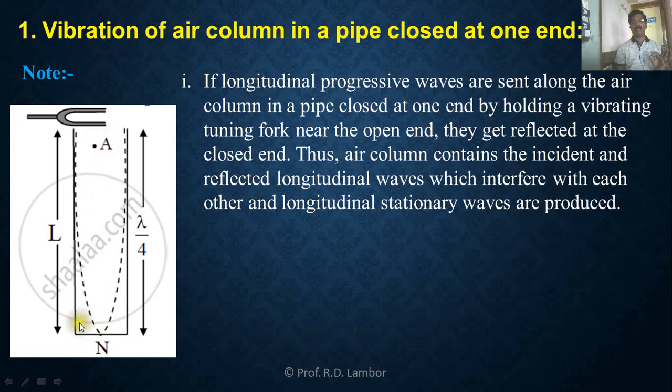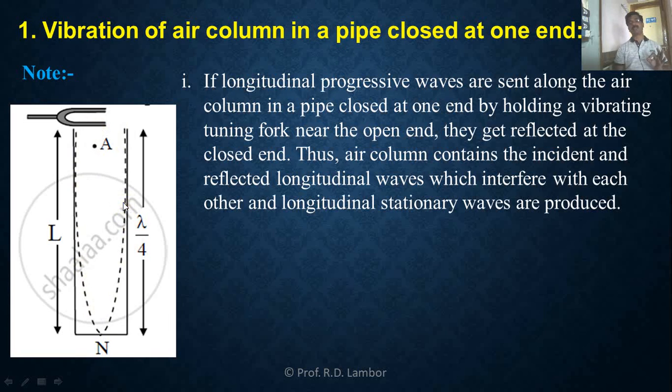And at the other end, that means at the closed end, that sound waves are reflected. So this air column contains incident sound waves and reflected sound waves, which are exactly in opposite direction, traveling through the same air column. And these two longitudinal progressive waves, that means sound waves, interfere with each other and longitudinal stationary waves are produced inside that air column.